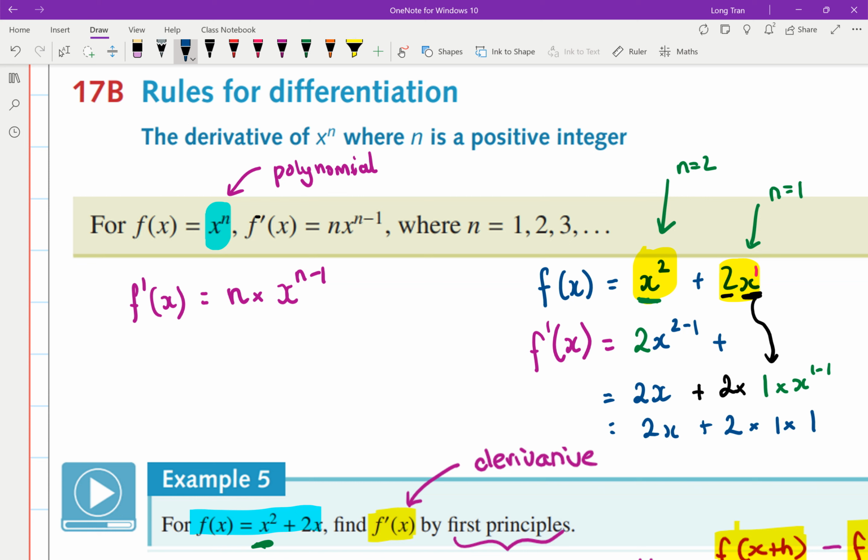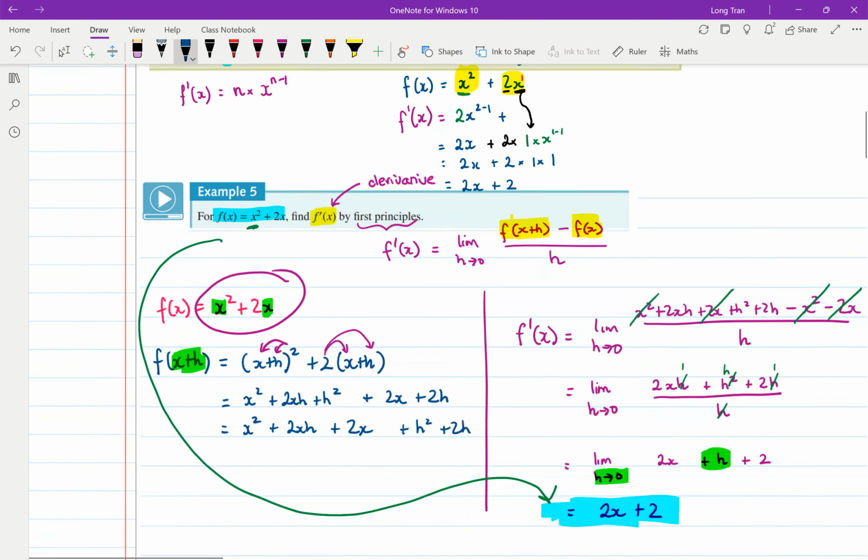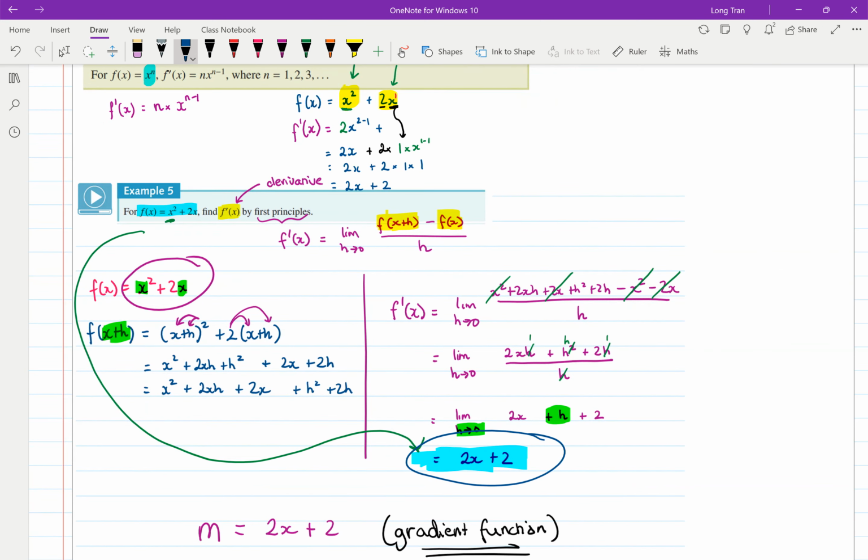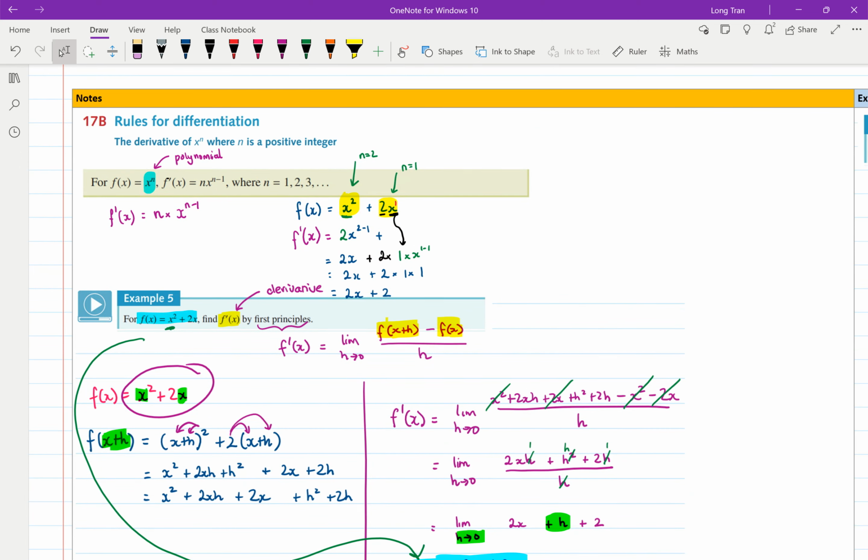But then 2 times 1 gives you a final answer of 2x plus 2, which is exactly the same as what we got down here. This is called the power rule. Okay, so I'm going to write here, this rule that you have here, this is called the power rule.